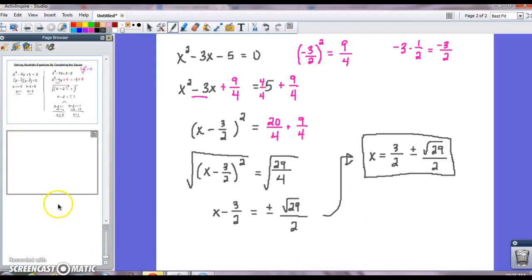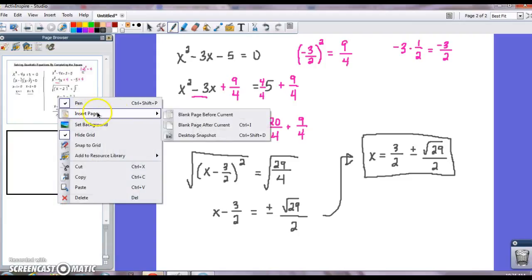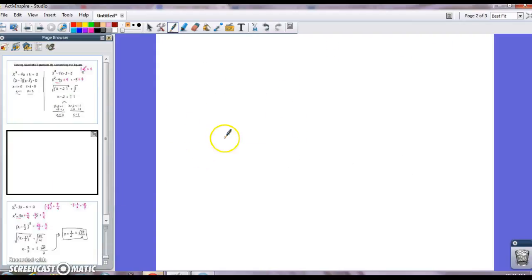Let me show you one more way that we use completing the square. And that is when we are trying to convert something from standard form into vertex form. So let's say you have f of x is equal to x squared plus 6x minus 16.